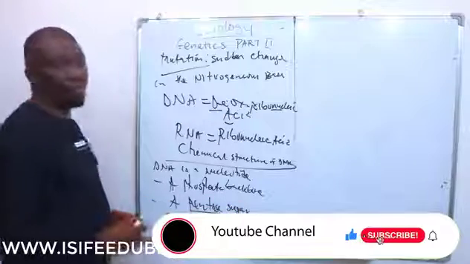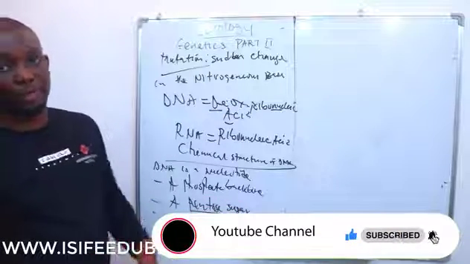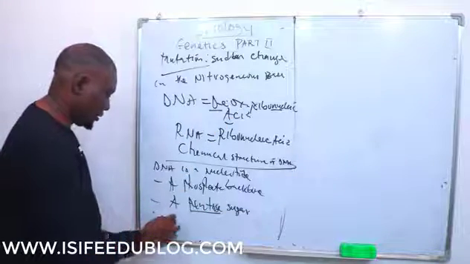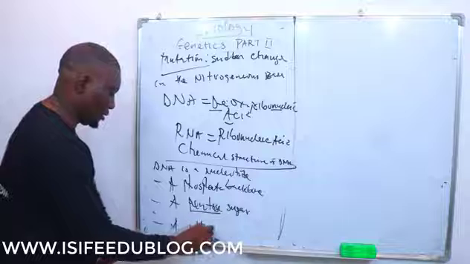What is the pentose sugar? Sugar with 5 carbon. An example of sugar with 5 carbon is ribose. And then the last is the nitrogenous base.